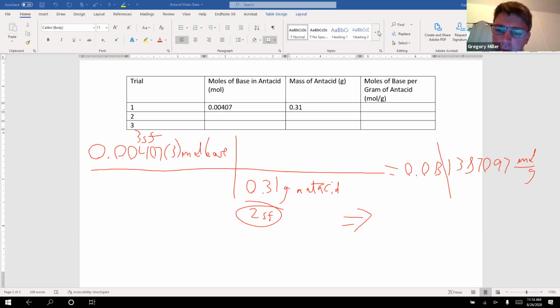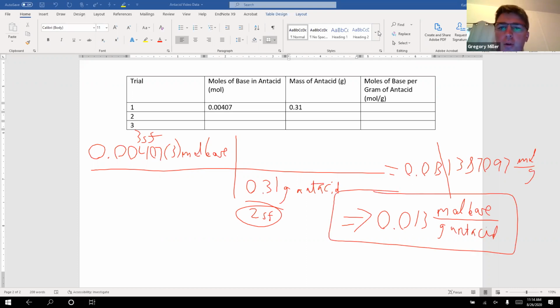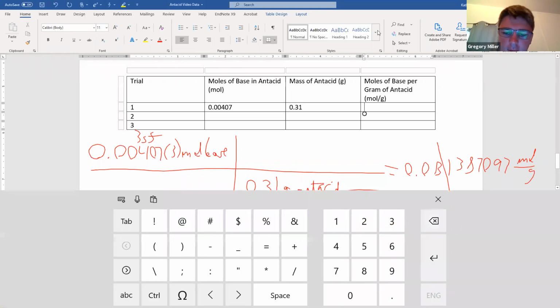And it'll round to 0.013 moles of base per gram of antacid.